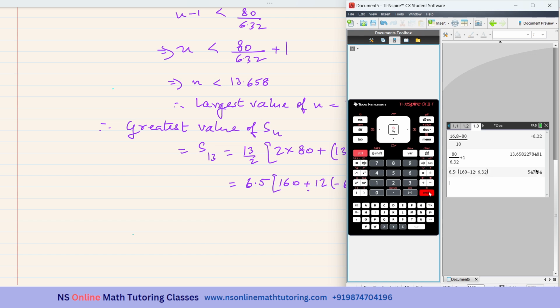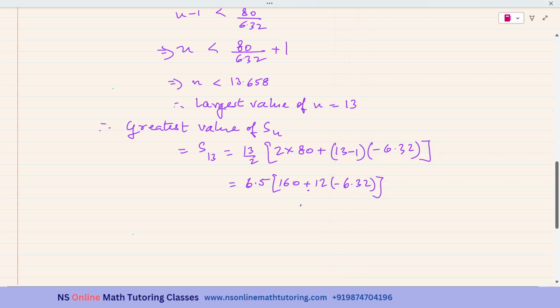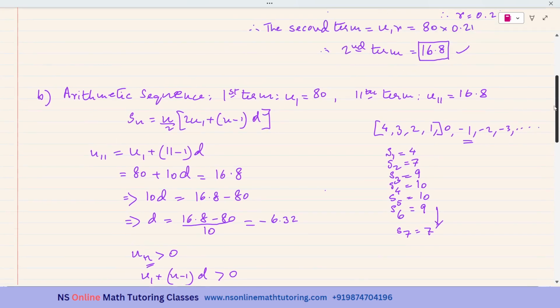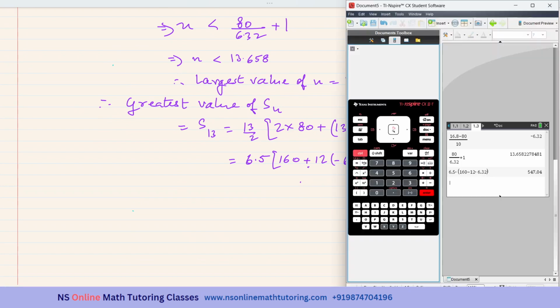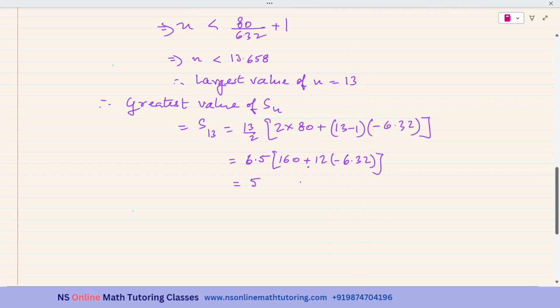Enter. It is 547.04, and they had asked us to give the answer correct to 2 decimal places. So it is 547.04, correct to 2 decimal places.